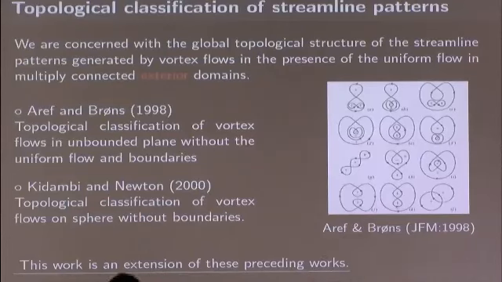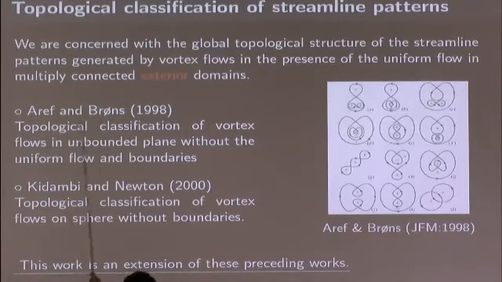And there are some previous works. In '98, Aref and Brown topologically classified the vortex flow in the unbounded plane with a uniform flow and a boundary. Also, Kidambi and Newton dealt with the spherical case without a boundary.